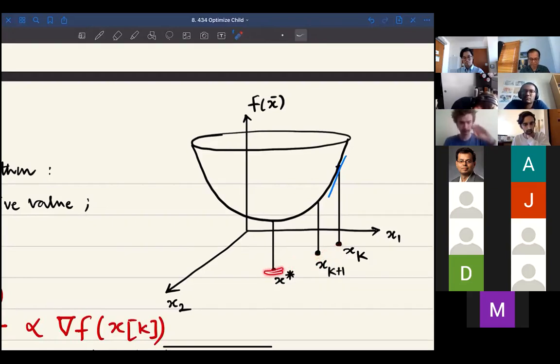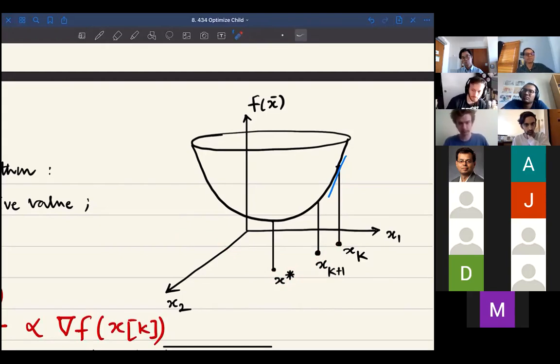That is not good, but still it's not too bad, because you're in some neighborhood of x star. But what is worse is you get close to x star and then you again diverge. Is that possible?